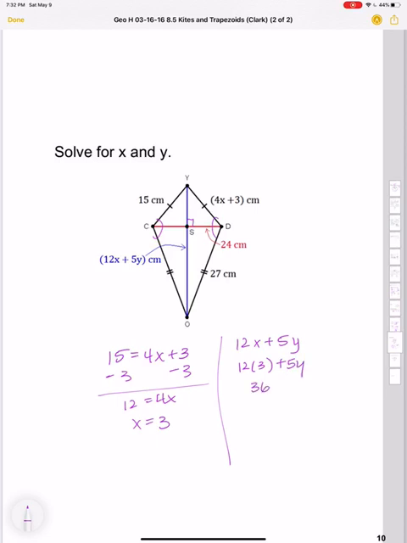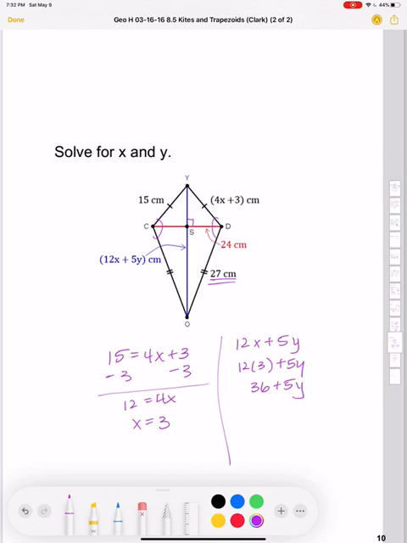So 36 plus 5y is equal to the other side, 27. Oh, wait, whoa. That's not the side. I'm not looking at the arrow. Okay, so let's erase that. My bad. It's the length of this.